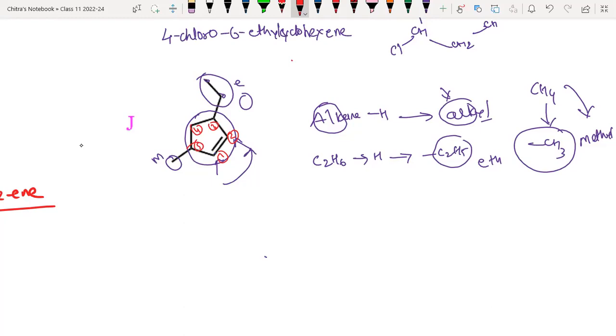So 3 ethyl, 5 methyl, 5 methyl. Then it is cyclic, so use cyclo. Then we have 5 carbons, so use pent. And the double bond starts from the first carbon, so directly write ene. So 3 ethyl, 5 methyl, cyclopentene.